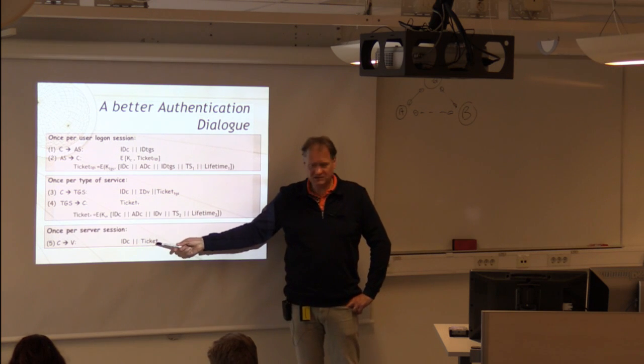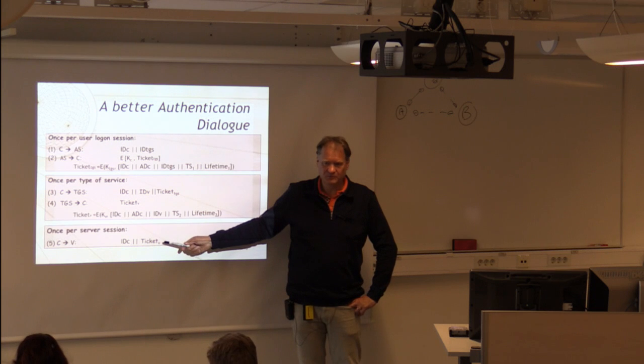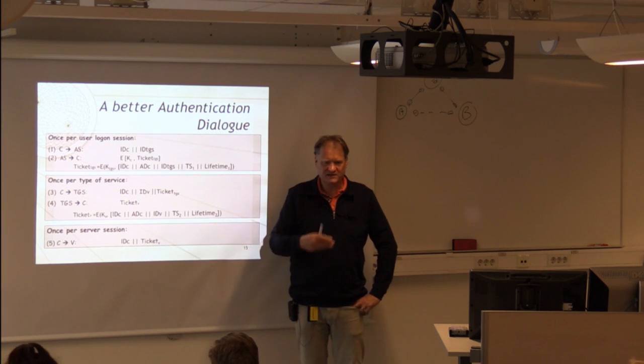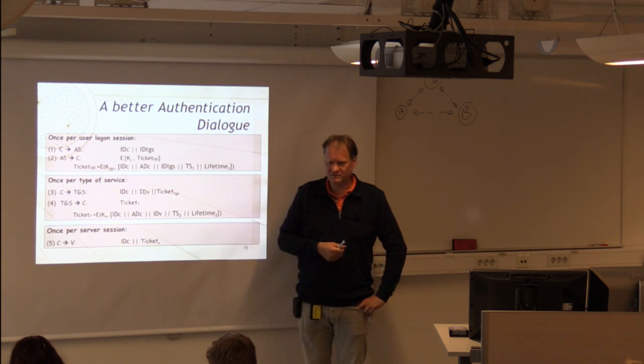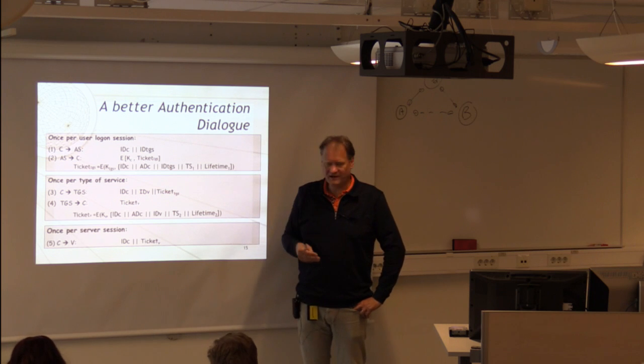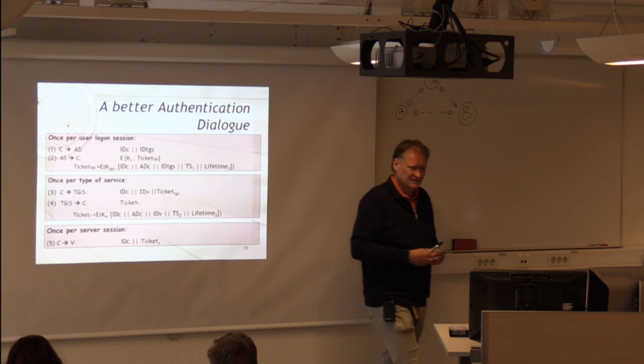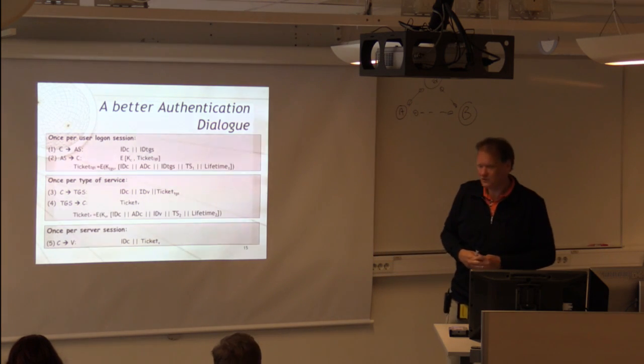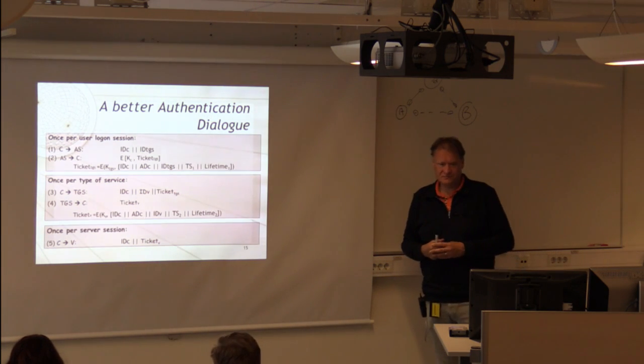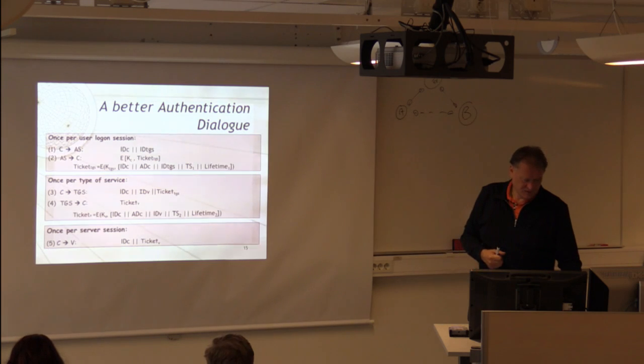He sends a ticket that the rogue server couldn't do anything about because it's encrypted, but it just throws it away and says, yes, you're now free to use my service, and the client starts to store files on it, and those files can now be stolen or something like that. So the client has no way to know who the server is, which is a potential problem here.